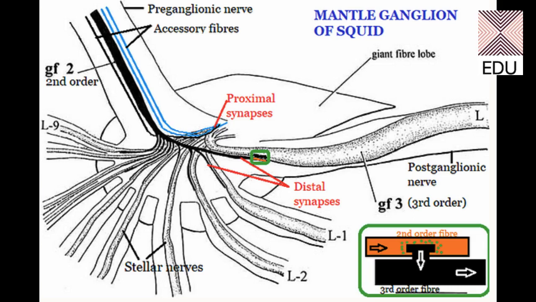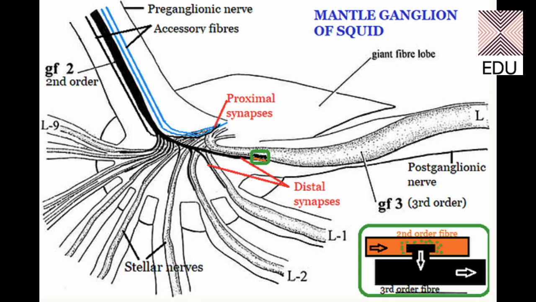In the center you have two types of synapses. First, the proximal synapses. The proximal synapses are in between the accessory fibers and the GF3 fiber. This is very important to note. The proximal synapses are not in between the GF2 and GF3. They are between the accessory fibers and the GF3.